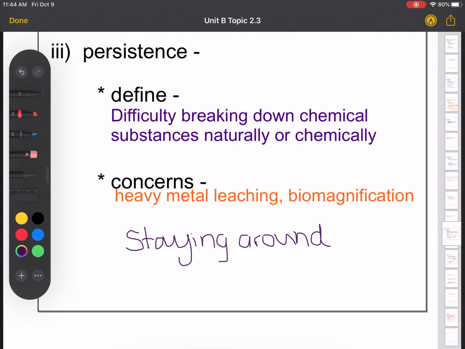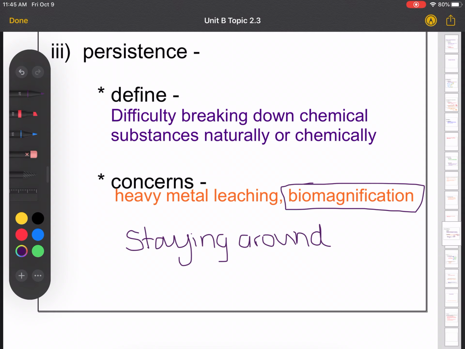We have lots of bacteria and fungus in the soil that can help break down some of these chemicals. That's called phytoremediation. But we have some concerns with heavy metals. Heavy metals aren't going to break down, and then biomagnification. We talked about this possibly in Science 20 or Bio 20, depending on which one you took.